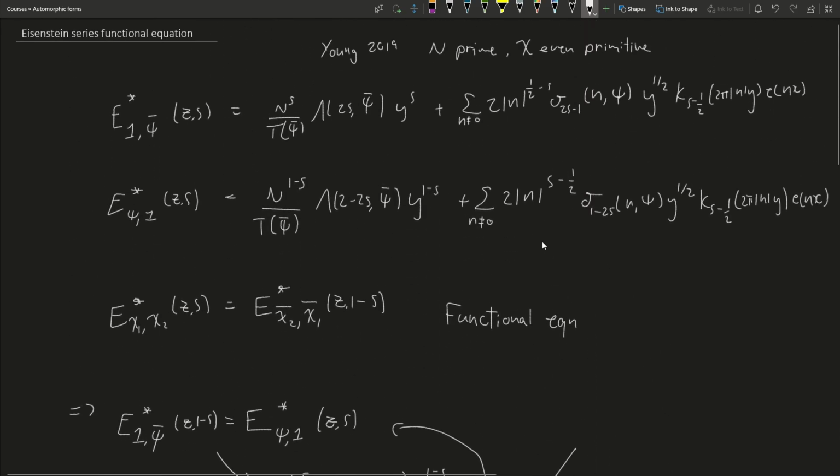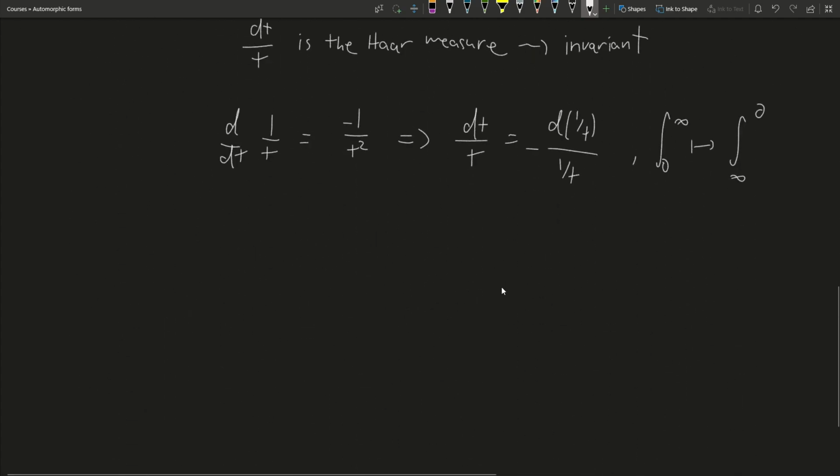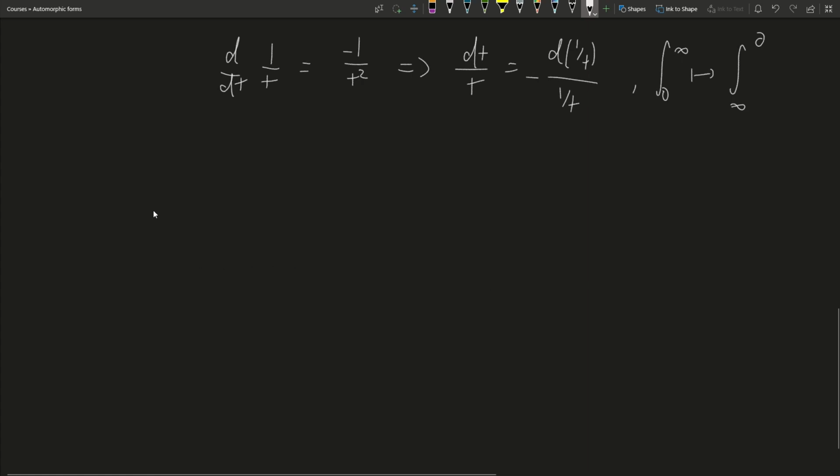All right, and then what about these Fourier coefficients? So the 2 is going to stay the same. So let's look at n to the 1/2 minus (1 minus s), sigma of 2 times (1 minus s) minus 1, and psi.